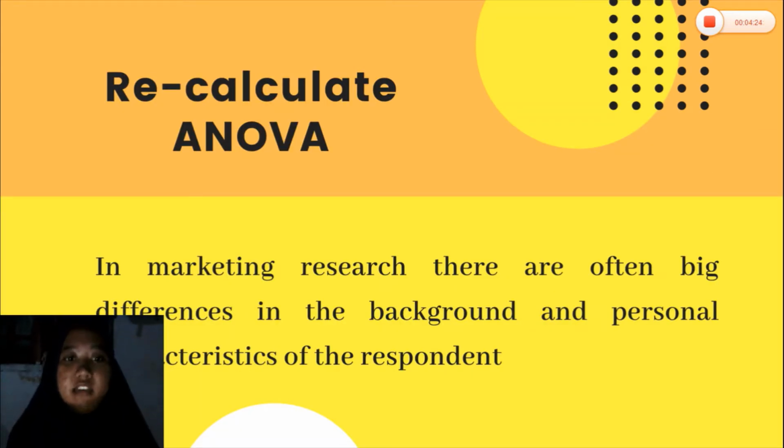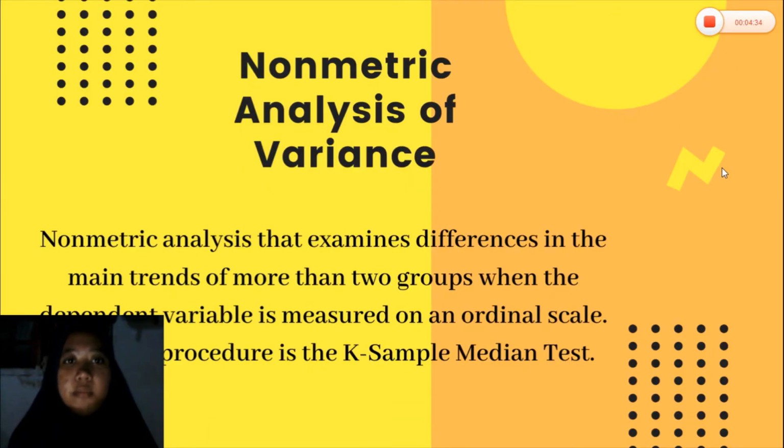Repeated measures ANOVA. In marketing research, there are often big differences in the background and personal characteristics of the respondents. Non-metric analysis of variance examines differences in the central tendencies of more than two groups when the dependent variable is measured on an ordinal scale.